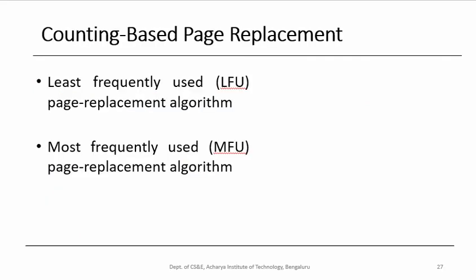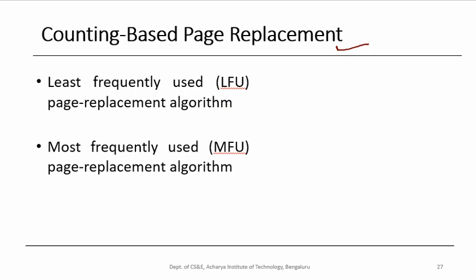There are many page replacement mechanisms. The one I am going to talk about is the counting based page replacement algorithm, which is not connected to the LRU page replacement algorithm.